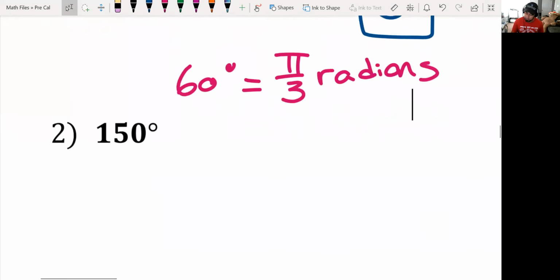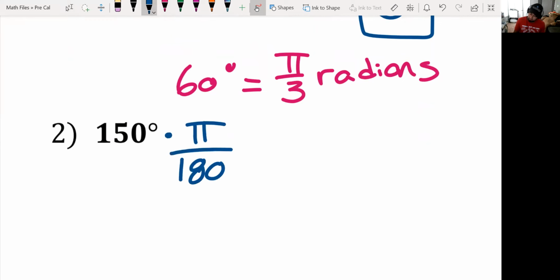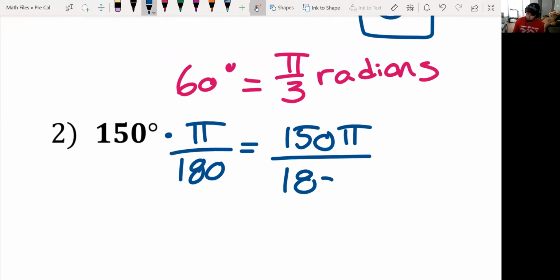All right, let's try it again. 150, multiply that by pi over 180, and you'll get 150 pi over 180, and you could take a 10 out, get you 15 over 18, or you could take a 30 out.